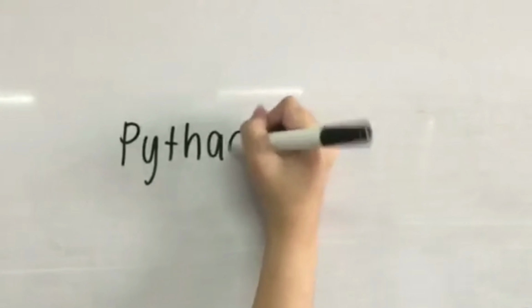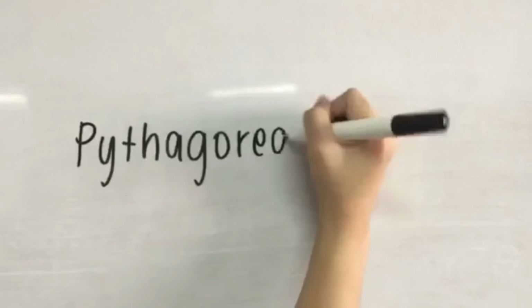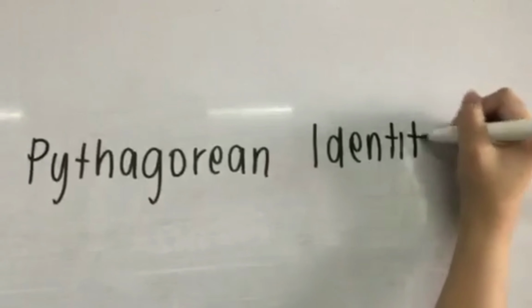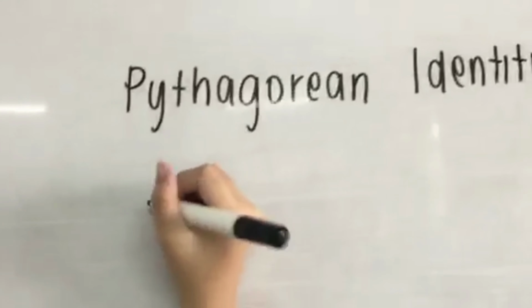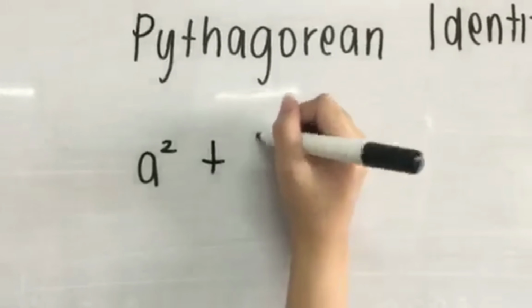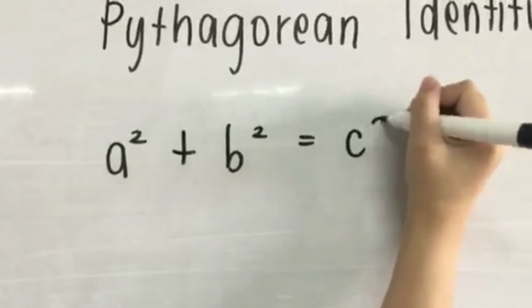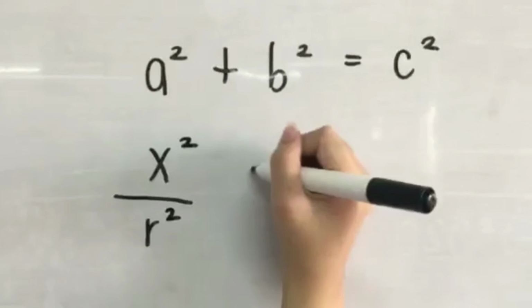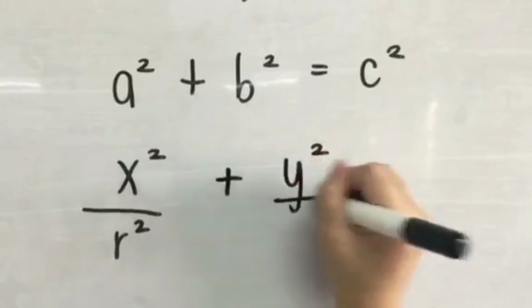Lastly, we'll be showing you the Pythagorean identities. This identity is derived from the Pythagorean theorem, which is a squared plus b squared is equal to c squared. Then we'll substitute the values of x and y to a and b and r to c.